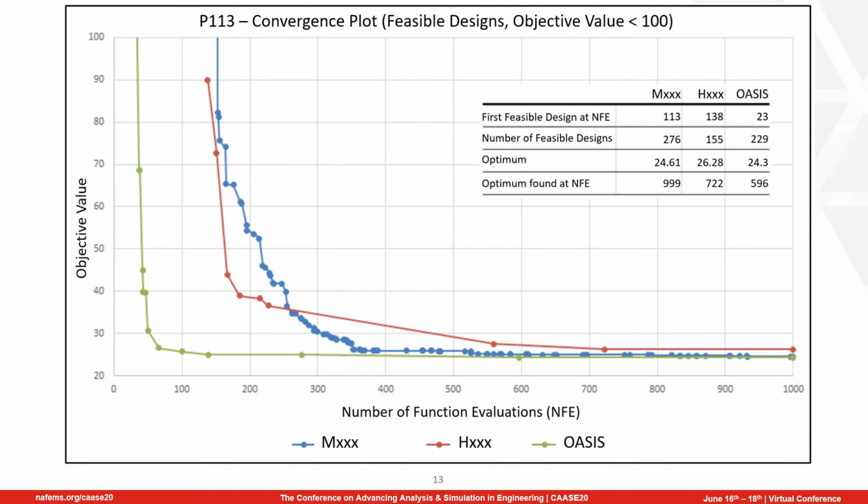And the second algorithm, the red one, never gets close to that, but maybe around 720. So this is an indication of the novel constraint handling methods inside of the Oasis optimization algorithm.